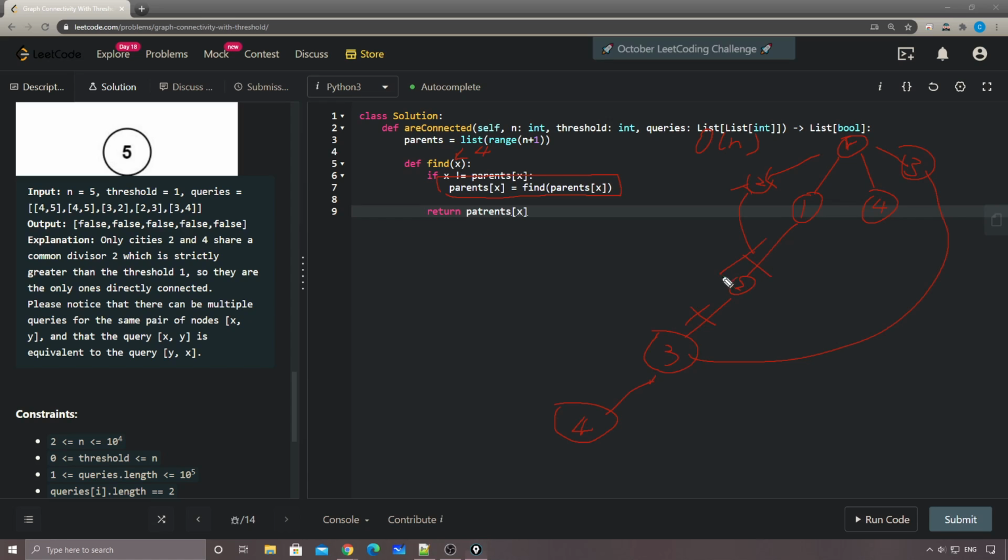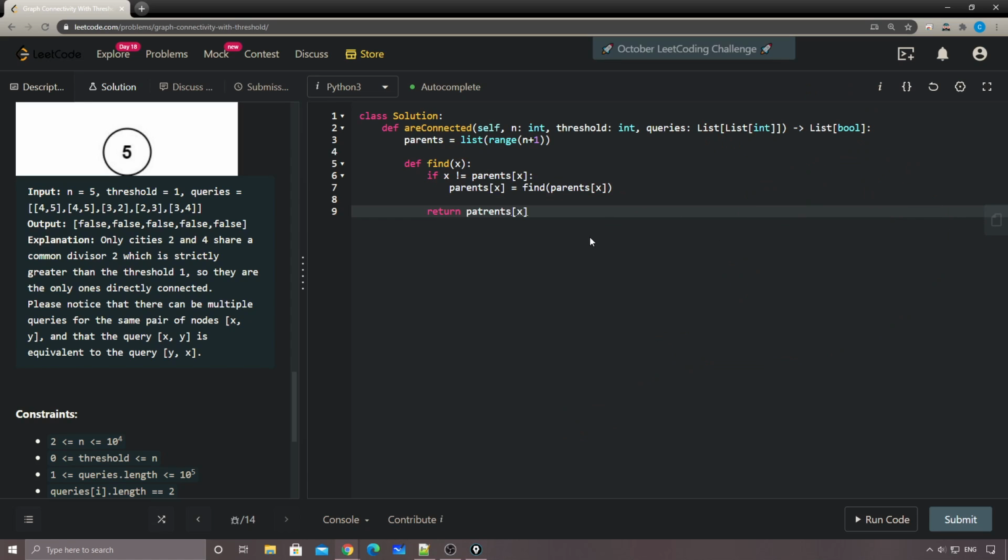That's the beauty of this recursion call. Only the first time is the find O of n, but the second time we find any of 1, 2, 3, 4, it's only O1 time. That's why it's called path compression. Basically, we're compressing the path from linear to O1.